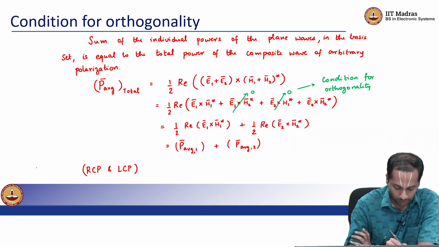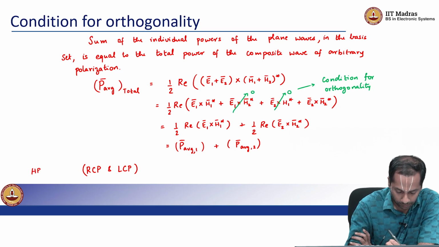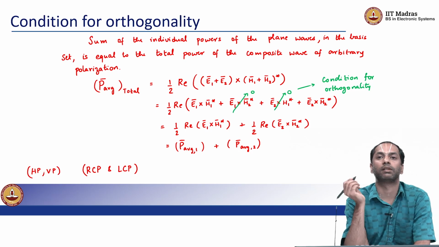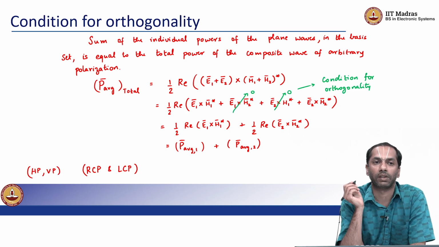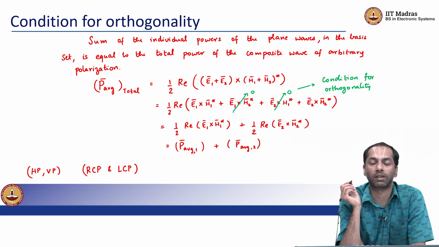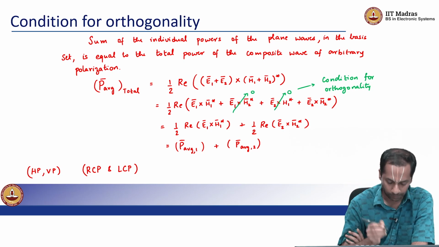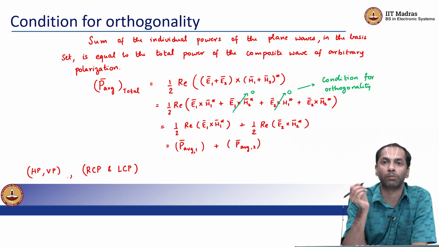So not only is our horizontal and vertical polarization a basis set, we have the right circular and the left circular polarization as a basis set as well, right. And there are plenty more, right.